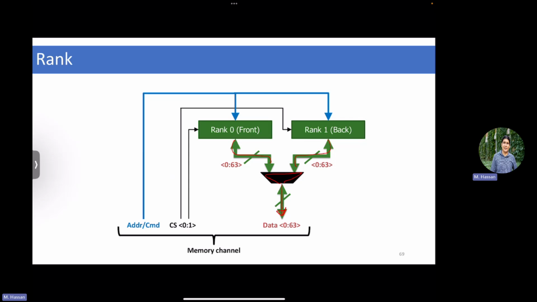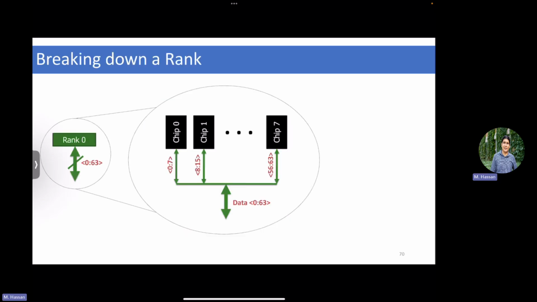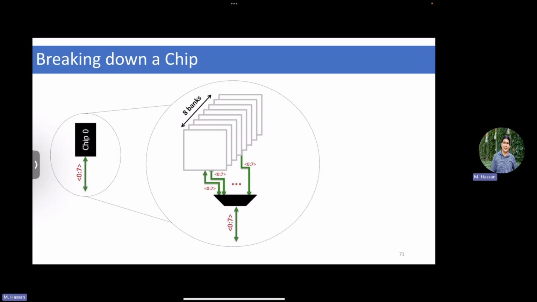And ranks in a channel share the address and command bus, right? So you cannot send 2 different commands to 2 different ranks on the same cycle, because there is a single bus that handles the address and the command. Good. So they're not 100% independent, right?